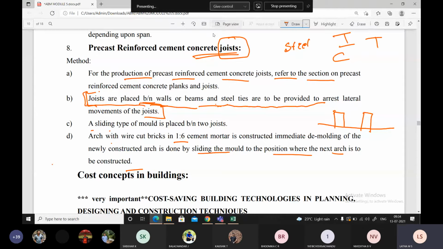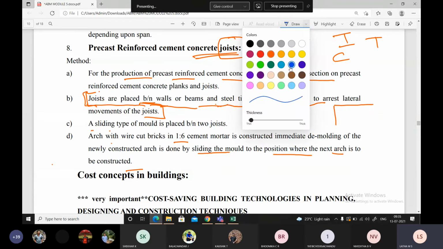See, between the walls, we can call it a wall intersection, right? Two walls have to be interconnected. Like you find two walls coming and meeting at a point, intersecting at a point.